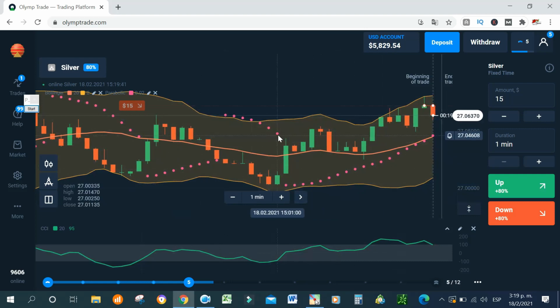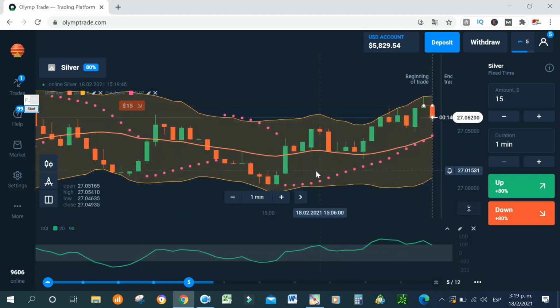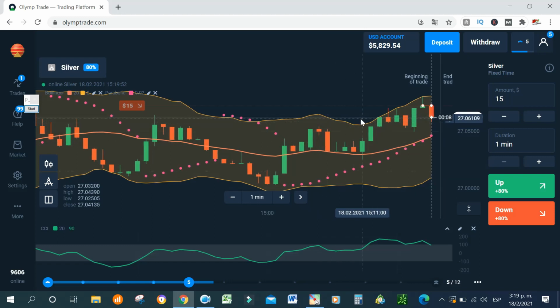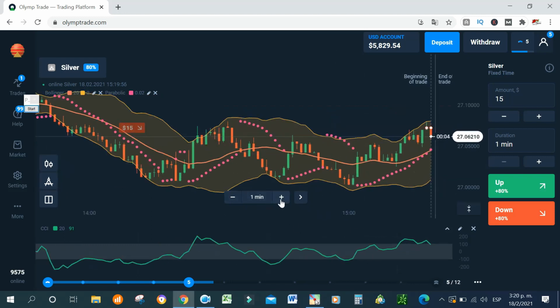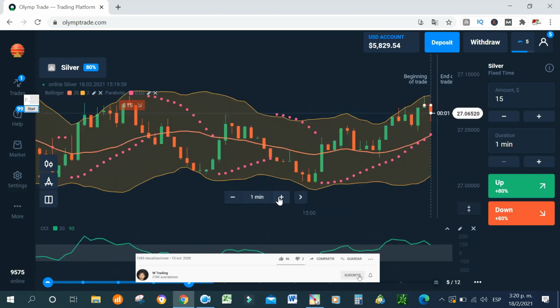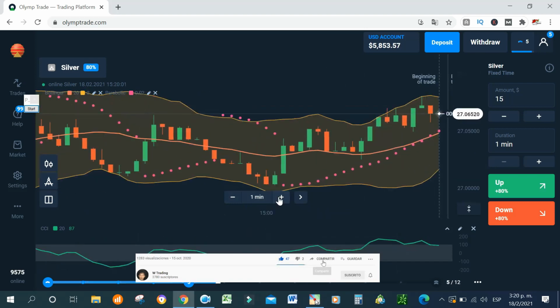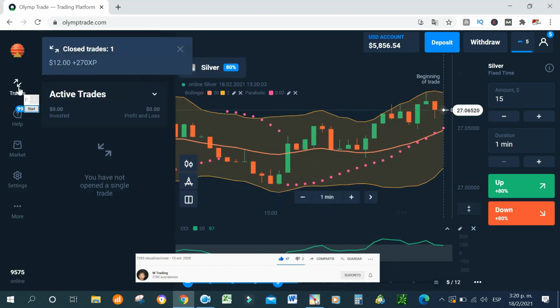I have another trading strategy only with the parabolic, but this is not that case. The most important signals here are the Bollinger Bands and the CCI indicator. Alright guys, we won this trade too.